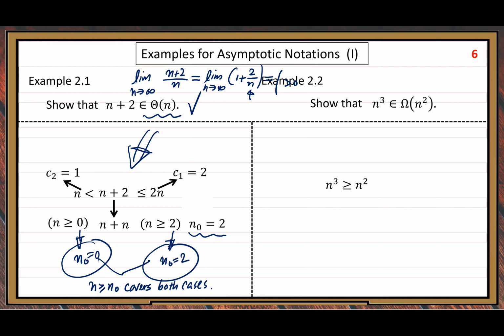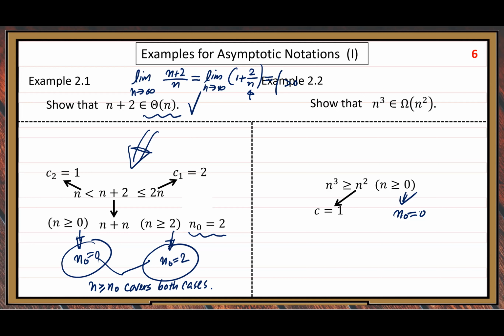And n0 equals 0. The constant C equals 1. Then we are done. In this case, the inequality way is simple.